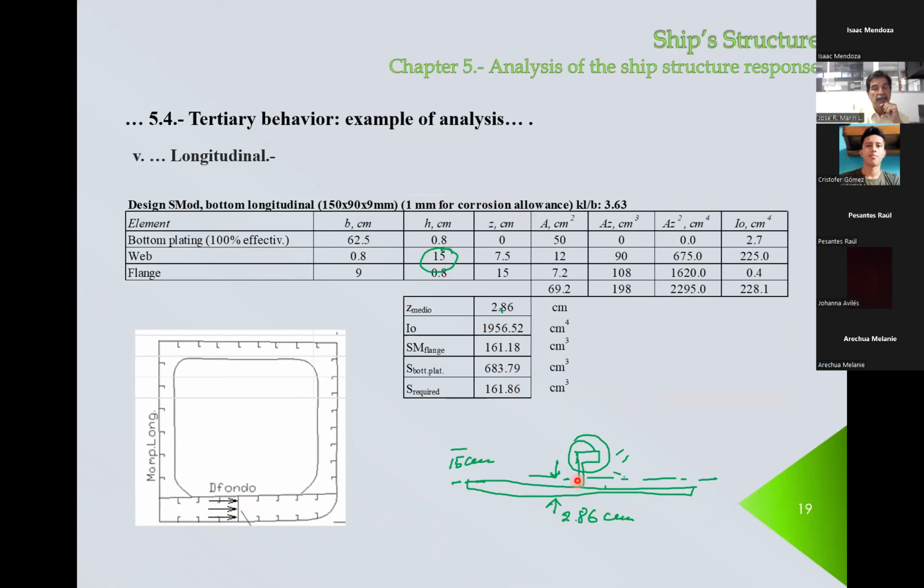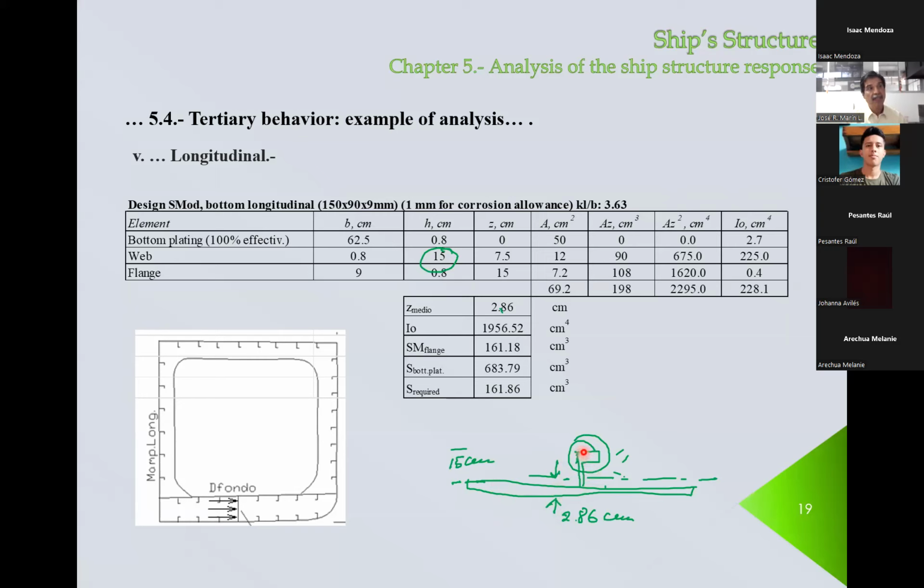We have to be careful, because the minimum section modulus is on the flange, not on the plate. In the last part of this session we're going to combine the stresses at the plate, but right now I have to consider that the largest stresses occur on the flange.